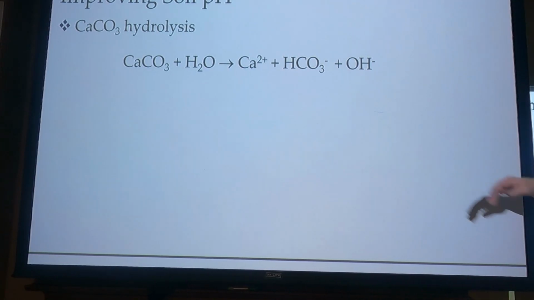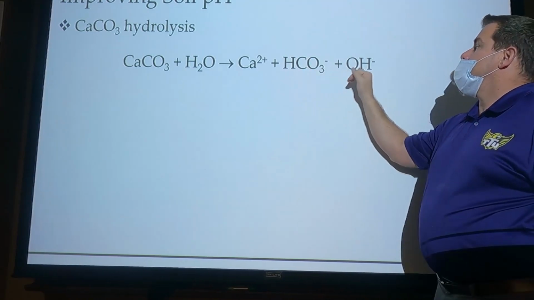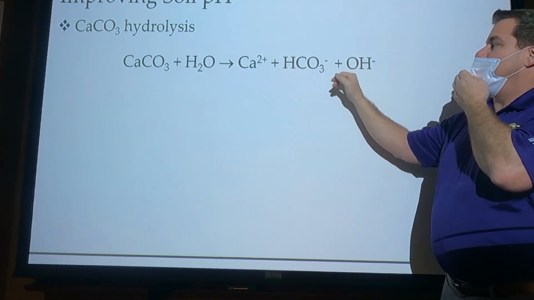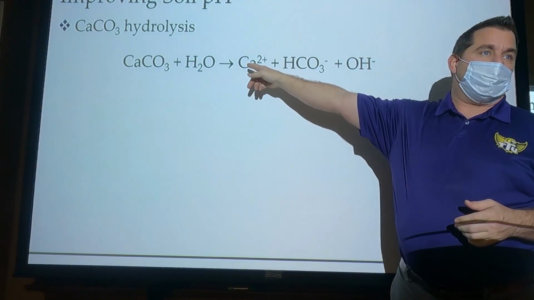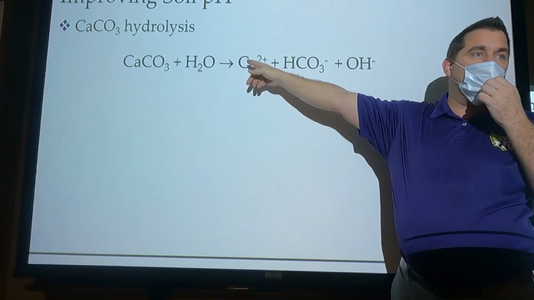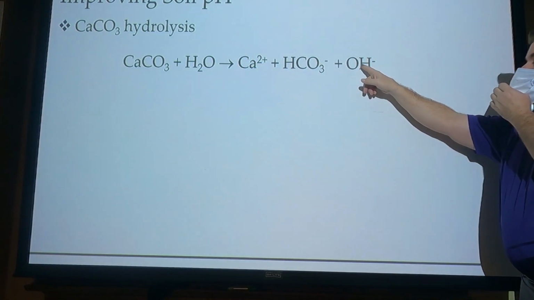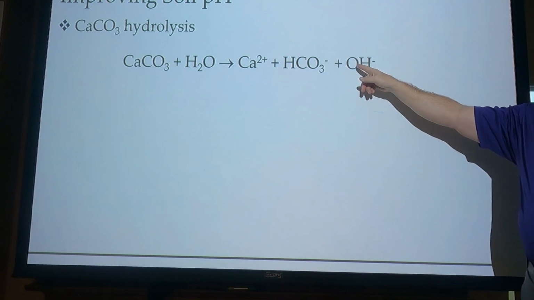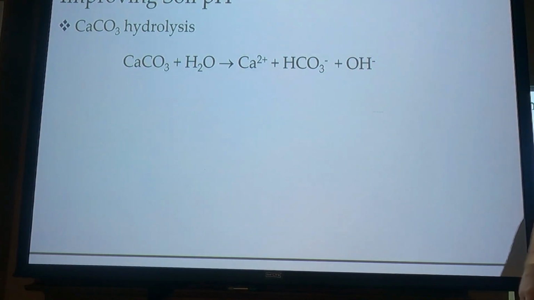Here again we have our carbonic acid and our hydroxyl. So this calcium 2 plus will exchange with some hydrogen or aluminum on the soil colloid that ultimately could associate with this hydroxyl and neutralize either a hydrogen or an aluminum.